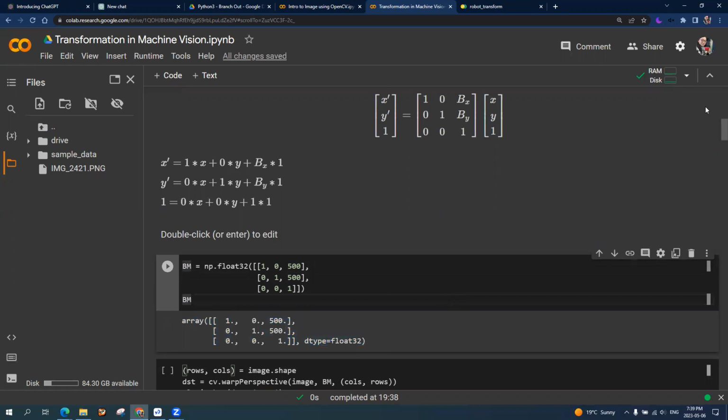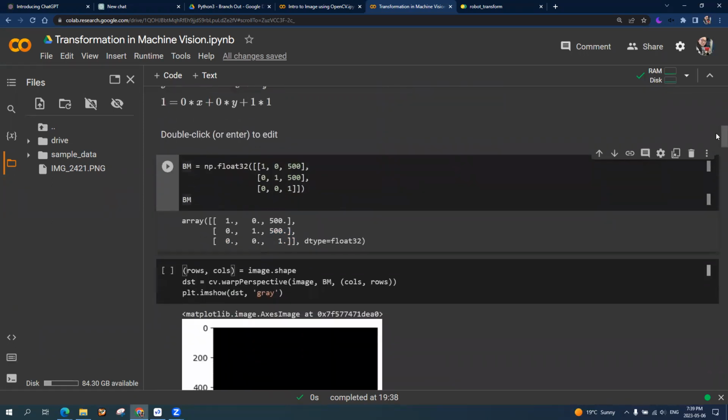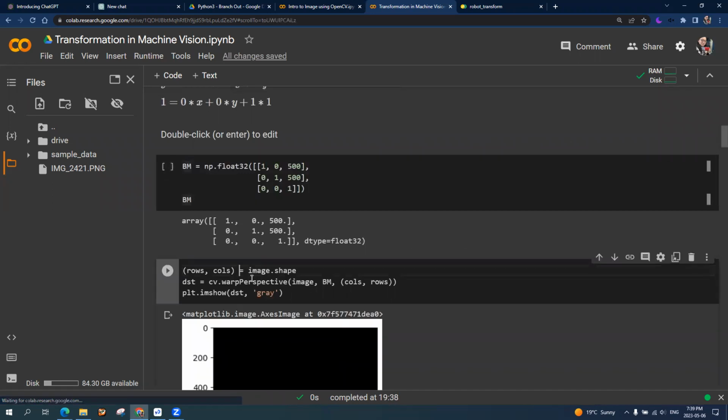That's our translation matrix. And how do we apply this? Say you want to transform your image, then this is the function in OpenCV that we use to transform an image. The way to use that is you first supply the image, okay?